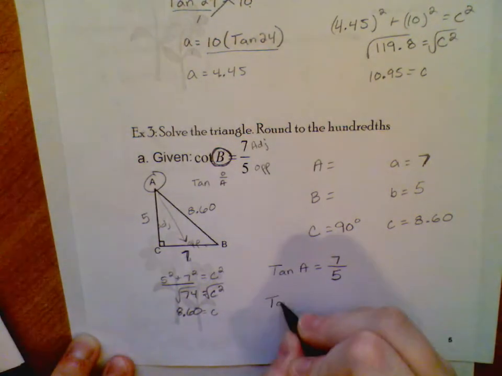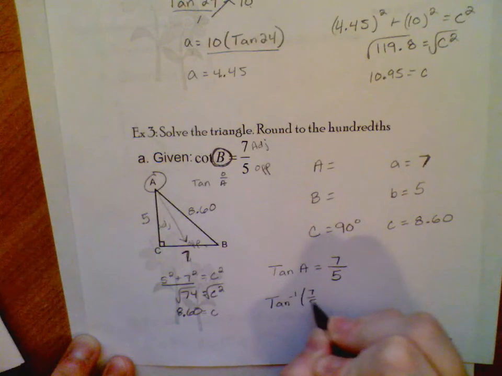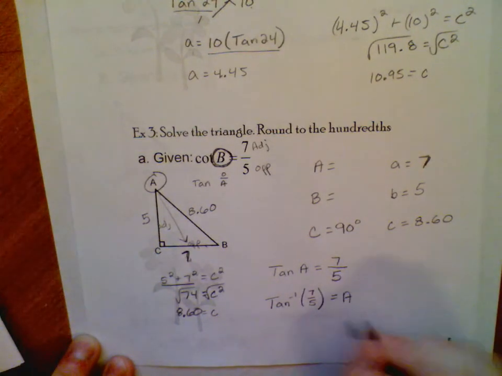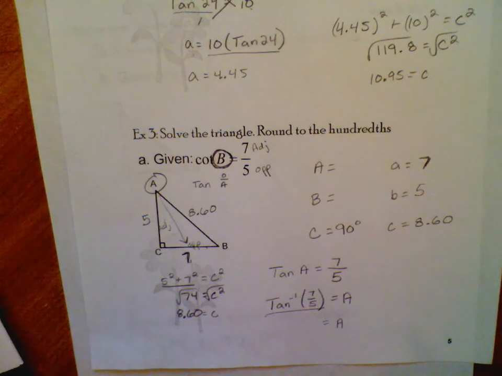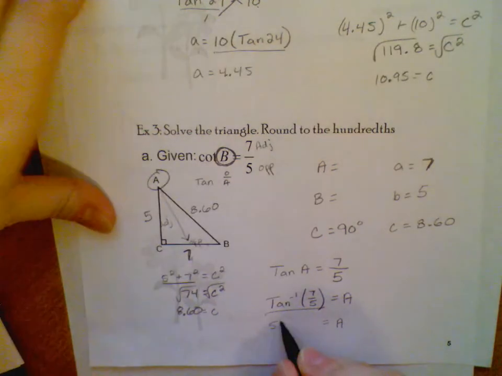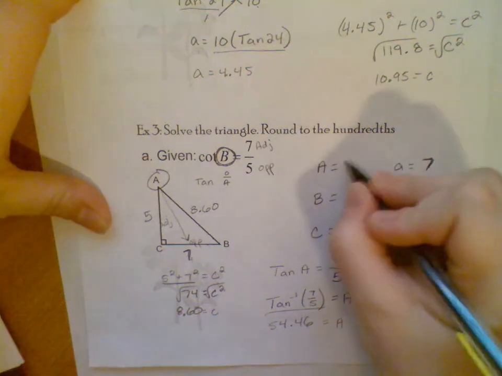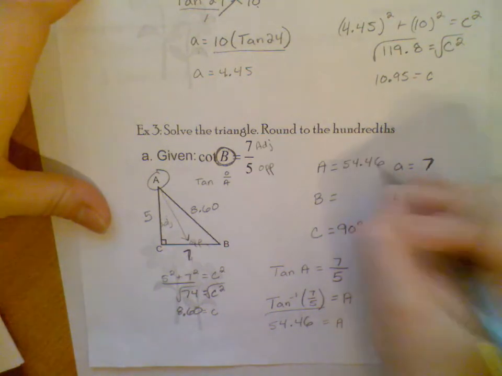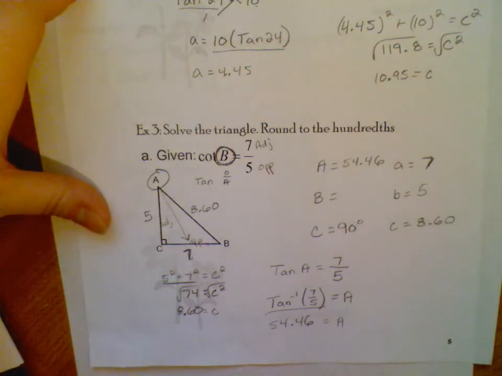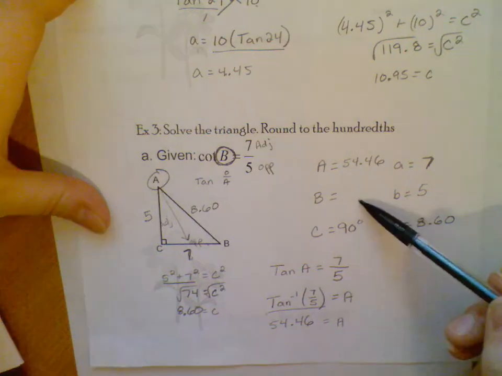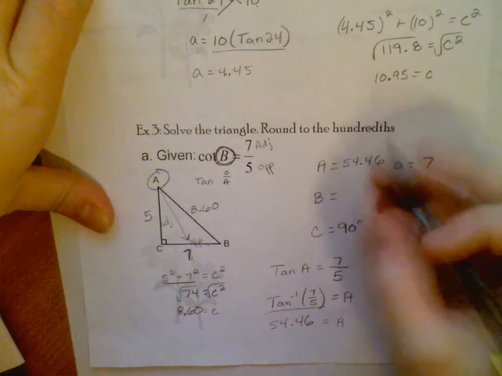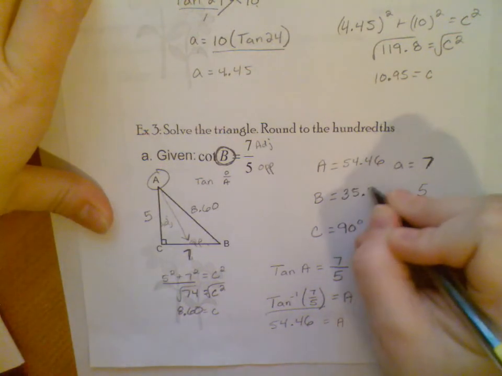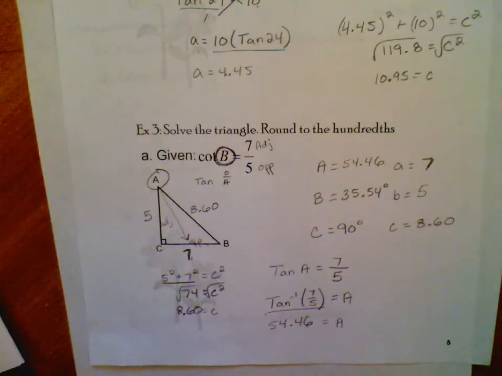So I'm going to do tangent inverse of that fraction. Second tangent, 7 divided by 5, and I got 54.46. To find the third angle, I can do 180 minus 90 minus 54.46, and I got 35.54 degrees.